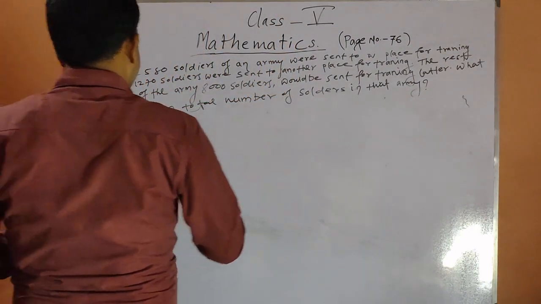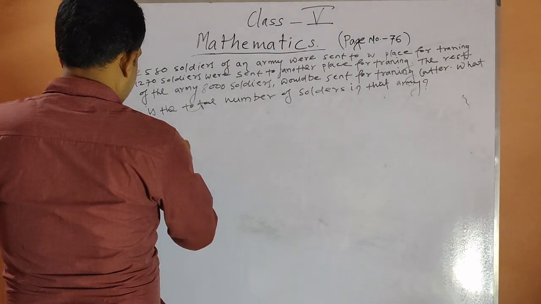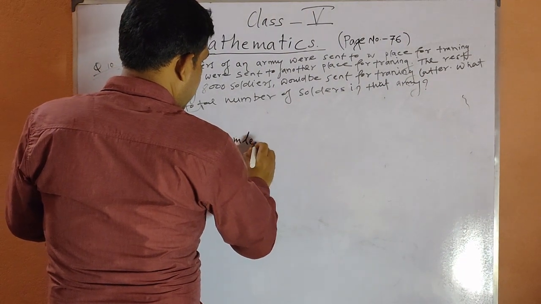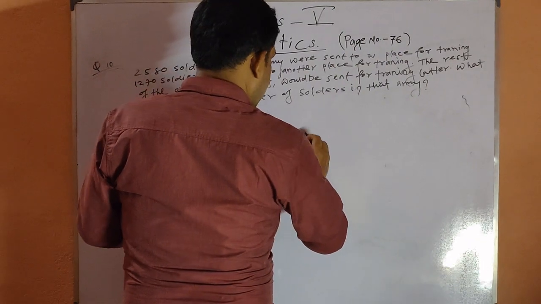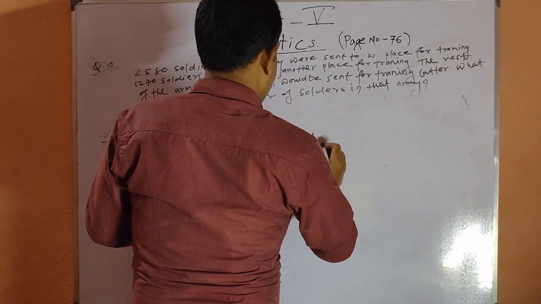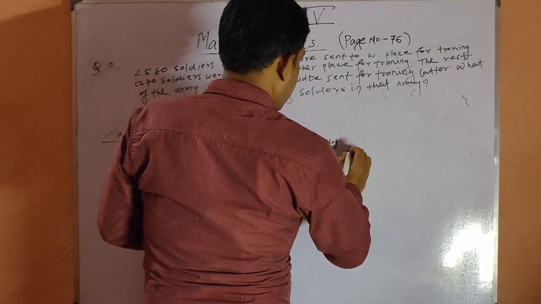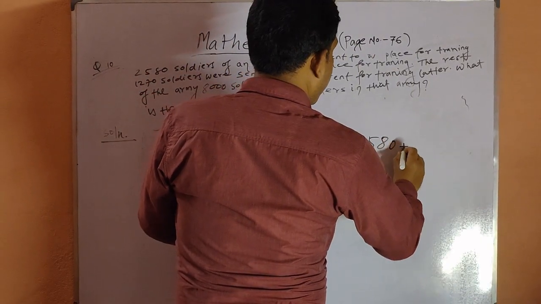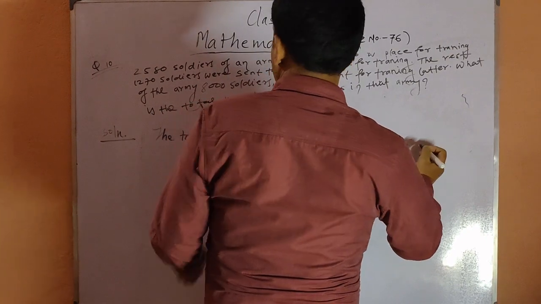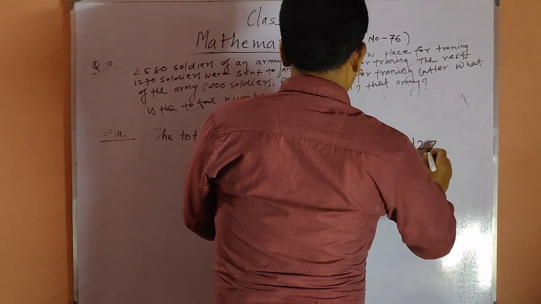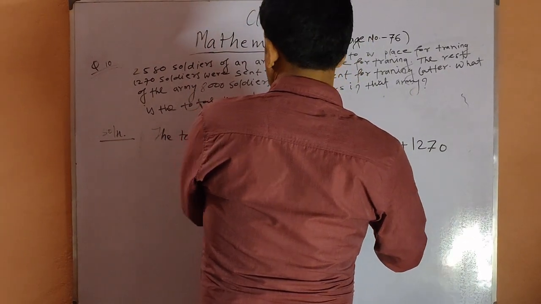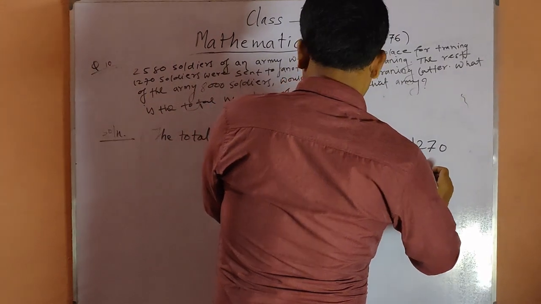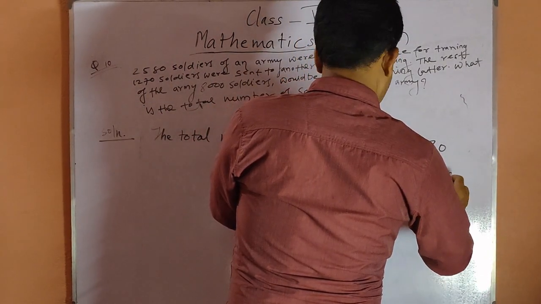Okay, the total number of soldiers is equal to 2580 plus 1270 plus 8000 soldiers.